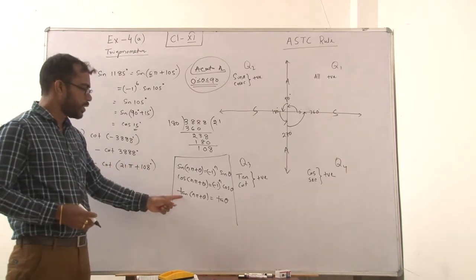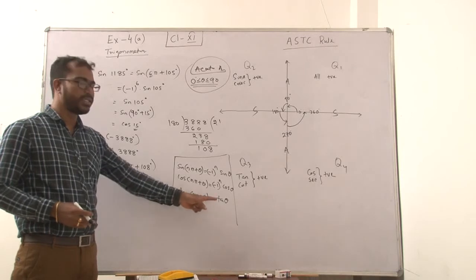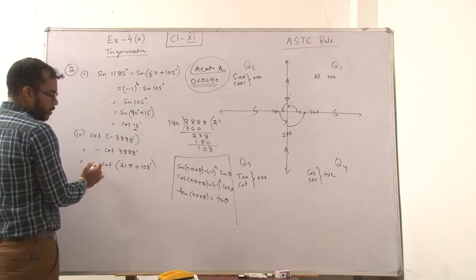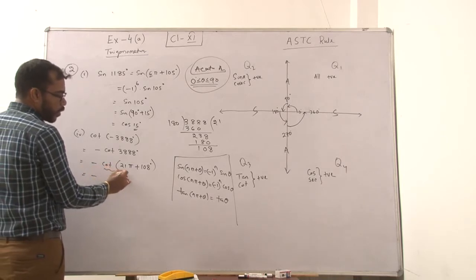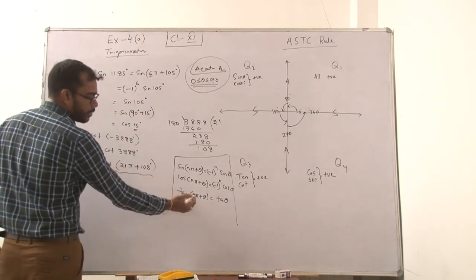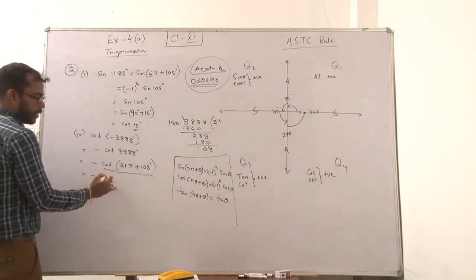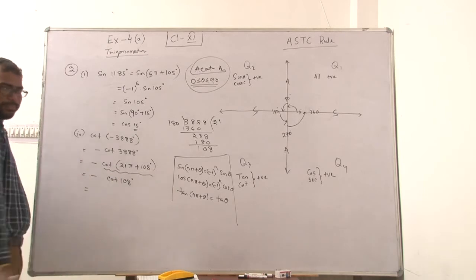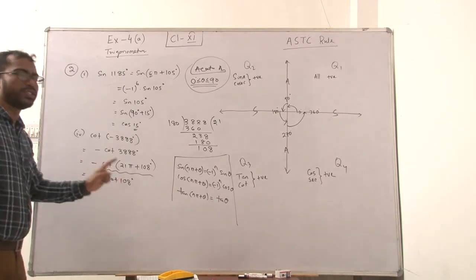So here you can see tan (nπ + θ) is equal to tan θ. Similarly, you can use the formula cot (nπ + θ) is equal to cot θ. So here you can write cot 108 degree, so minus cot 108 degree.